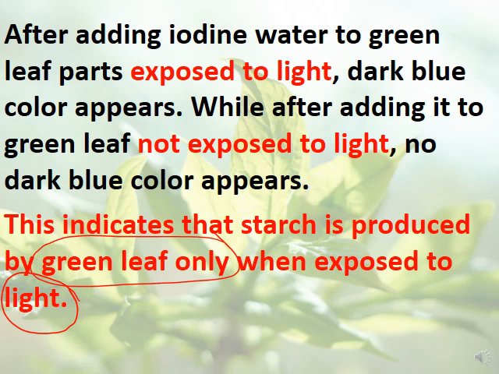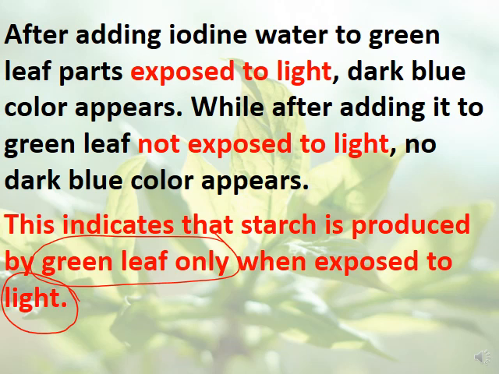So in order for starch to be produced by the green plant, it should be green first and it should be exposed to sunlight. These are the two important factors: we need chlorophyll and we need light.